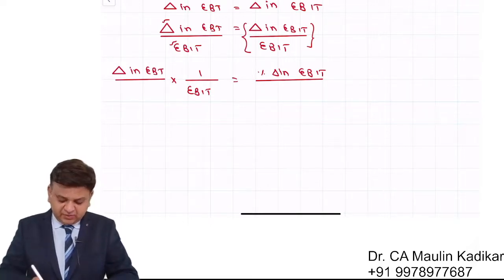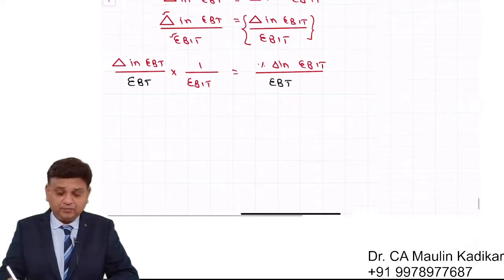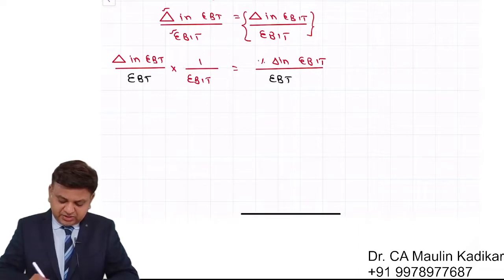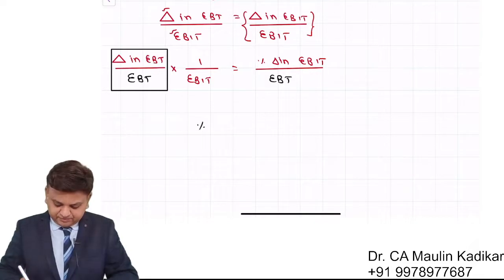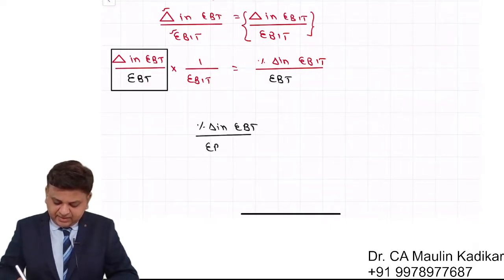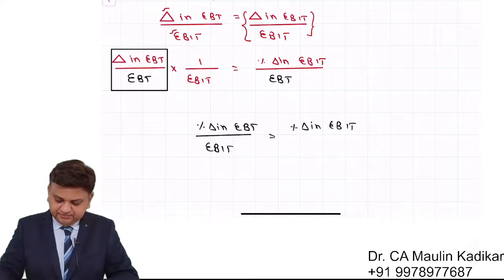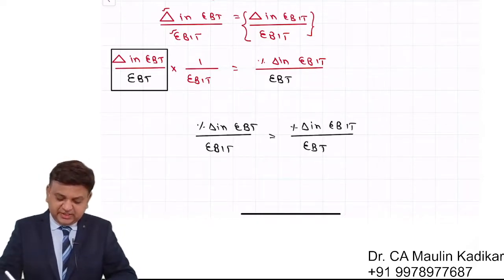Now on both the sides we divide with EBT. So what will happen? Change in EBT upon EBT is percentage change in EBT, divided by EBIT is equal to percentage change in EBIT upon EBT. So what I am doing, friends, on both the sides I divide with the EBT.